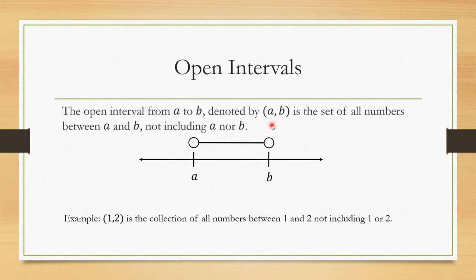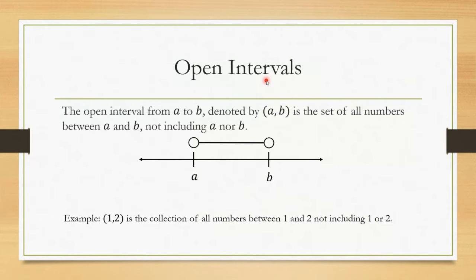But here's our first interval from A to B, namely, by definition, the open interval from A to B. Of course, we're assuming that A is less than B. By definition, it's all the numbers between A and B, but you're not including the endpoints. Okay? We're not including the endpoints A and B.